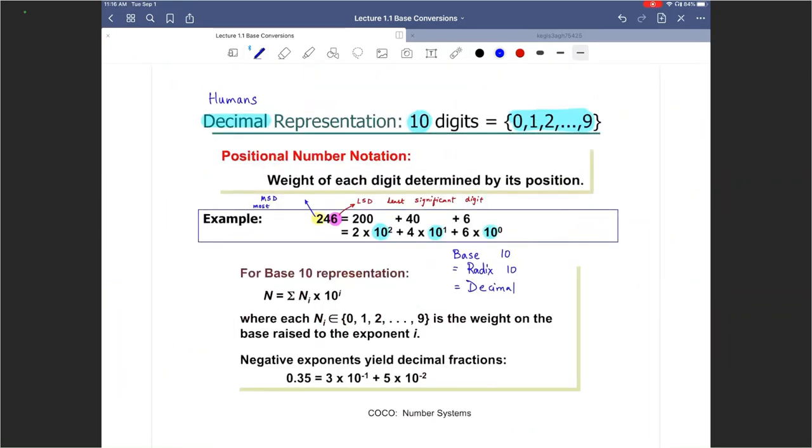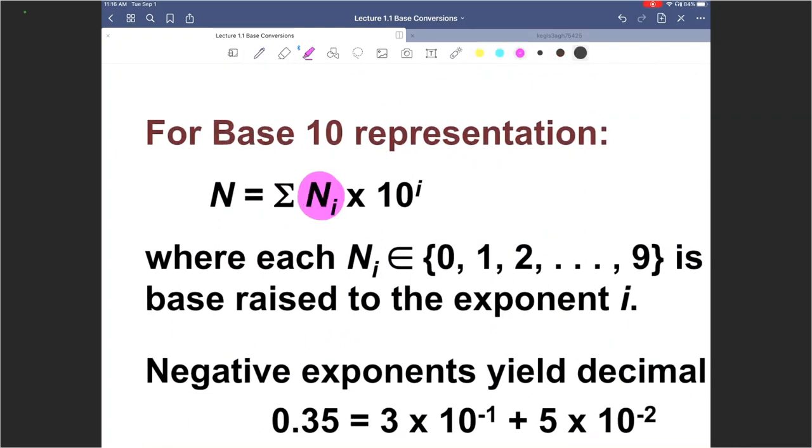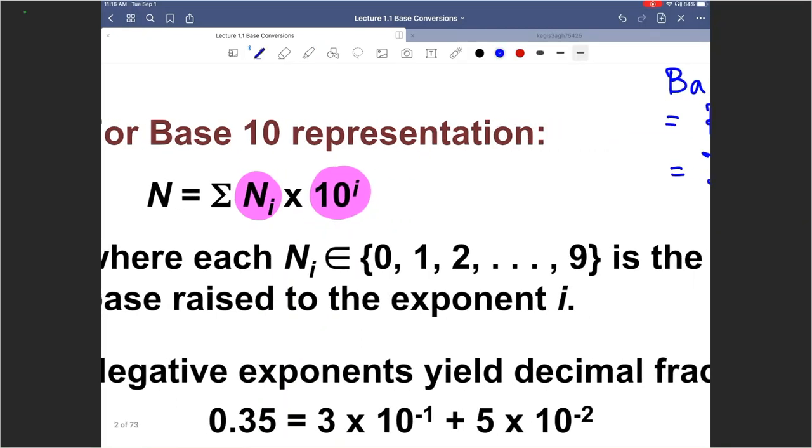Now, how do you represent in base 10 or radix 10? You take each digit, n sub i, you multiply it with 10 raised to i, where i increases, right? So i over here is going to be greater than or equal to 0, and it is going to be an integer.